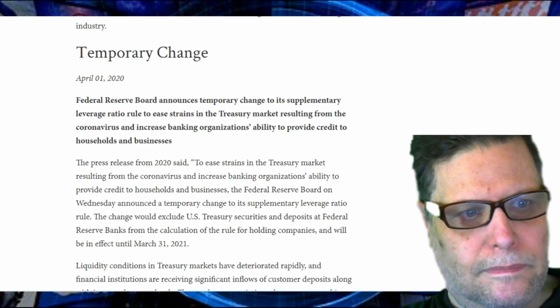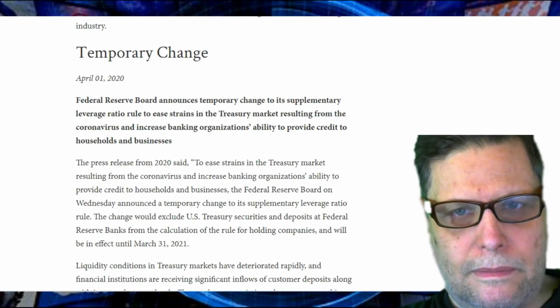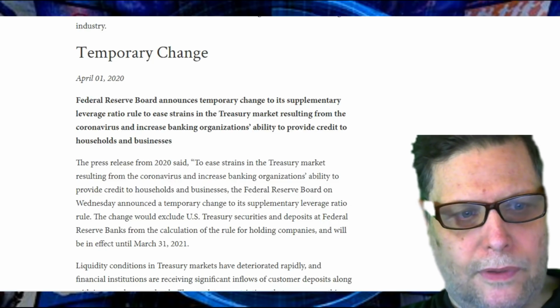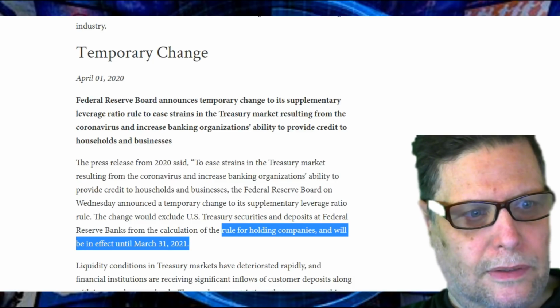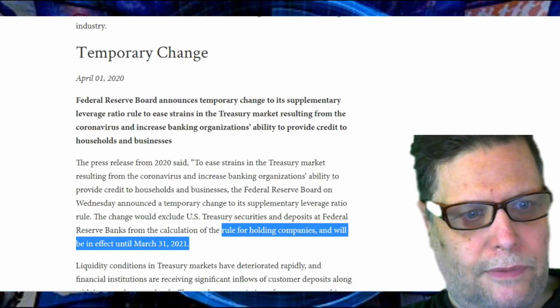Well, the end of this month, March 31st, it says that these rules on the SLR will be in effect until March 31st, 2021.